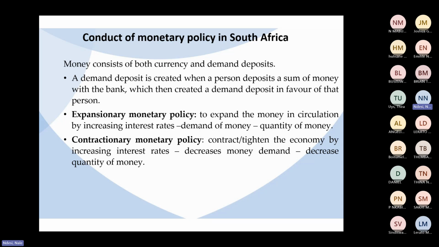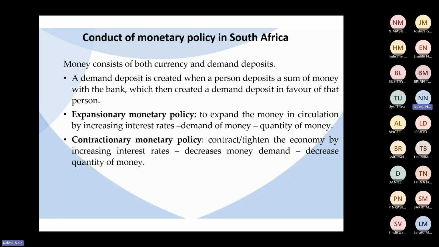So to correct this, or to manage the economy, the SARB would do one of two things: implement an expansionary monetary policy or implement a contractionary monetary policy. If SARB wishes to follow an expansionary monetary policy, which is what happened when the repo rate decreased, to stimulate the economy, they will decrease the repo rate.